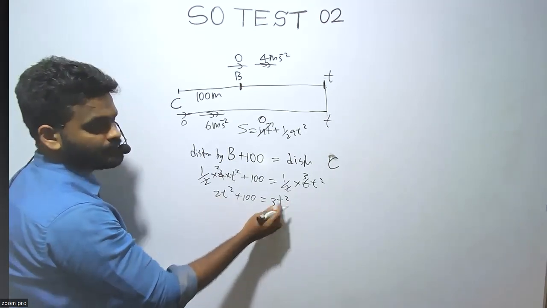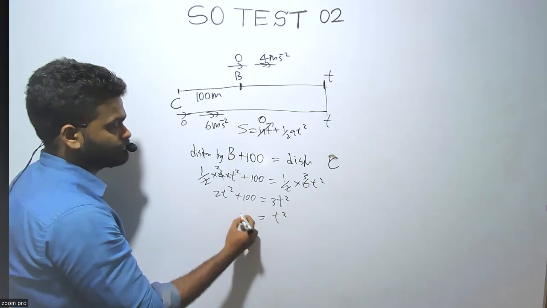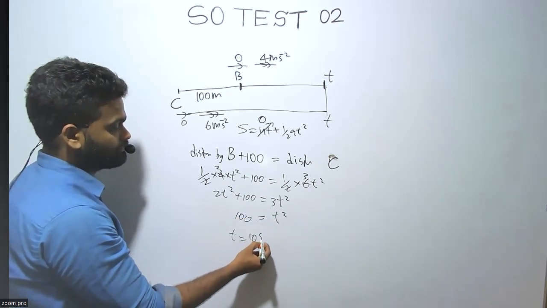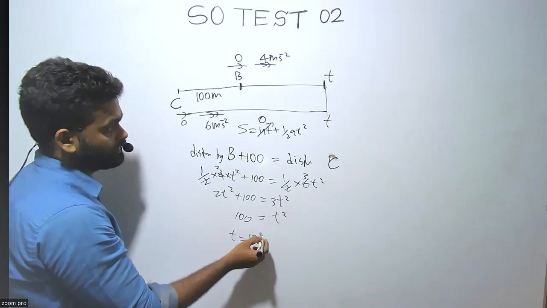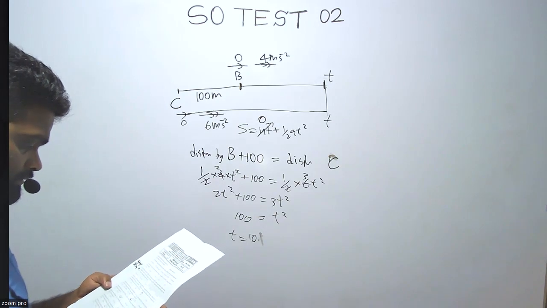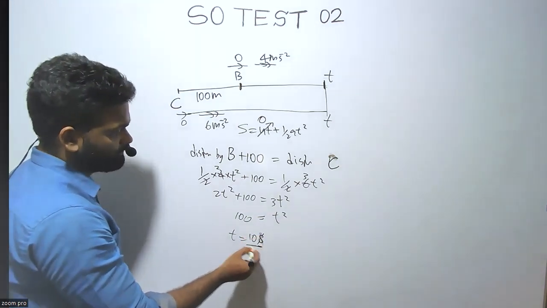Take it to the other side: 3t squared minus 2t squared, so it is t squared. Take the root. So t is equal to 10. Is it 10 seconds? Yeah, it is just 10 seconds, right?